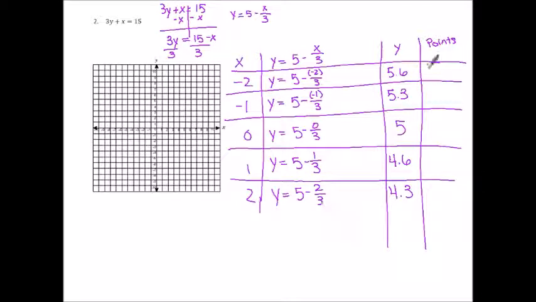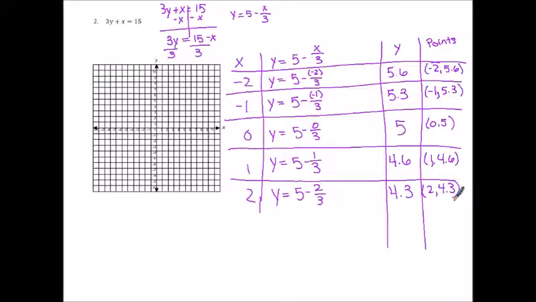So our points would simply be (-2, 5.6), (-1, 5.3), (0, 5), (1, 4.6), and (2, 4.3). Since we have a table, we can simply graph it.